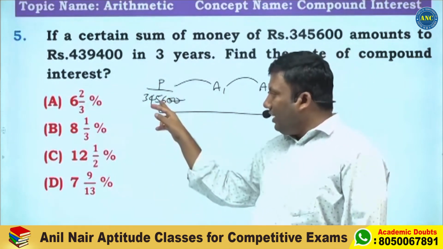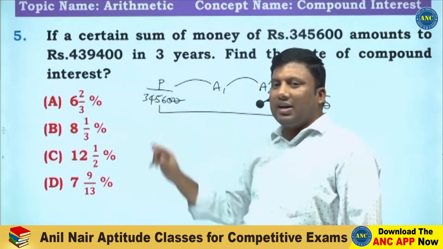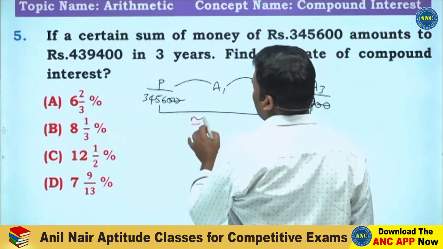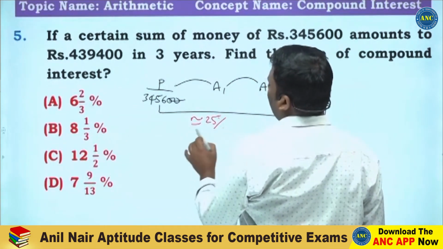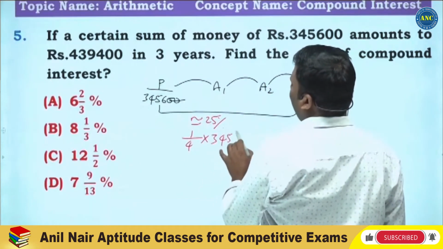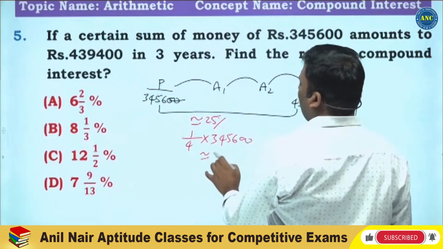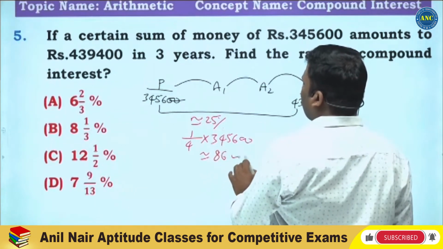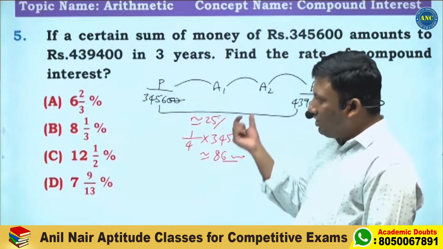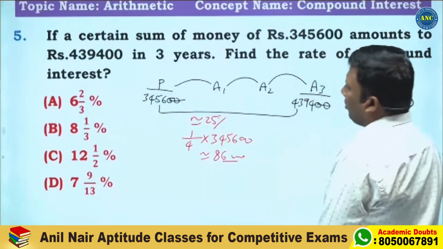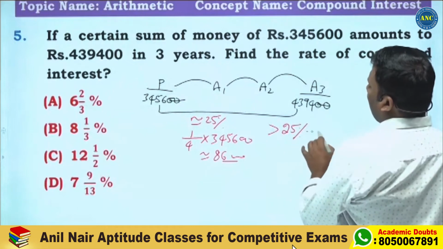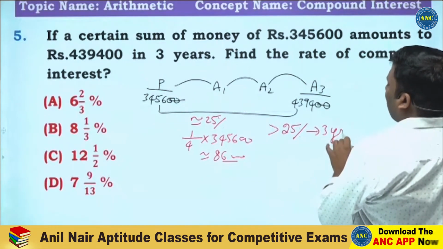No. If it is 900, that will be around 25%. Why? Because 1 by 4 of 345600 is closer to 86,000. So just greater than 25% for 3 years.